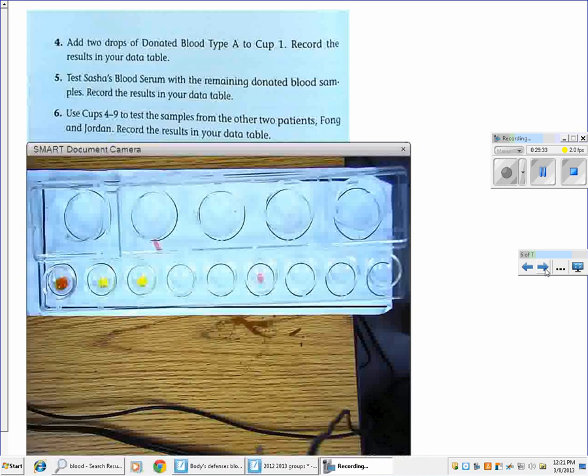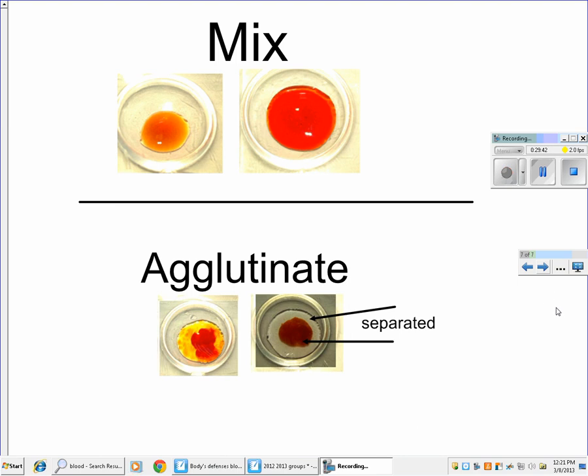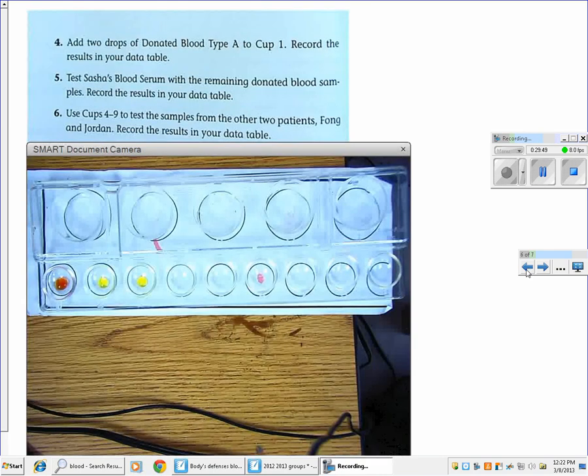I'm going to put up a screen that shows you what clumping and mixing look like. Here's what it looks like if it mixes, and here's what it looks like if it clumps. Now we're going to test Sasha's blood serum with the remaining samples and record it in our data chart. So that was type A that we just did.